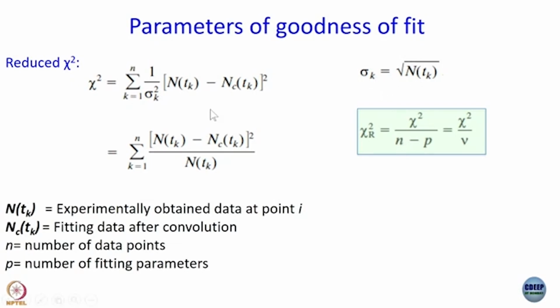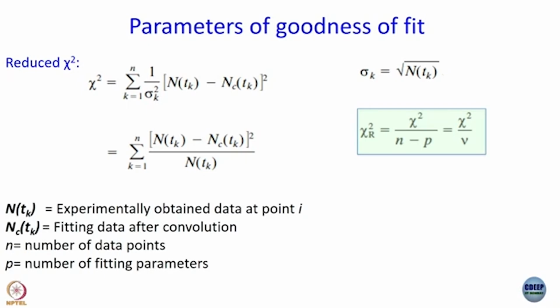Now, when you take this chi square and divide by n minus p, where small n is the number of data points and p is the number of floating parameters, actually not fitting, floating parameters. What is the meaning of floating parameters? Suppose you have a bi-exponential decay, then what is the number of floating parameters? A1, tau 1 and tau 2: 3. I did not say A2 because A2 is just 1 minus A1.